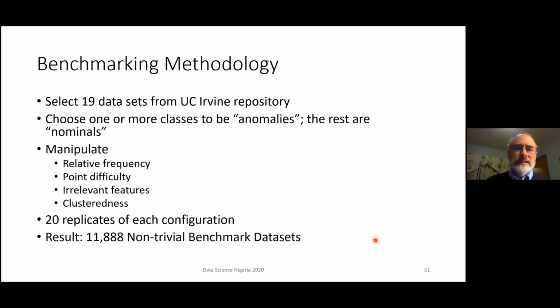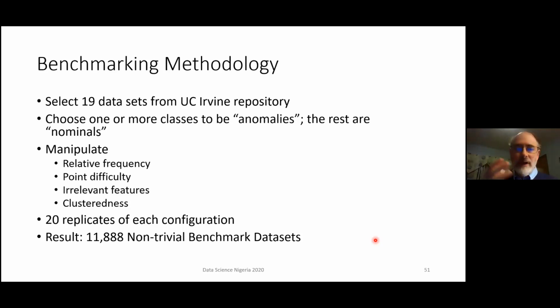We selected 19 data sets from the UC Irvine repository, and we chose 1 or more classes to be anomalies and the rest to be our nominals. And then we manipulated 4 properties of the data set that we thought might be important for these anomaly detection algorithms. One is the relative frequency of the anomalies.